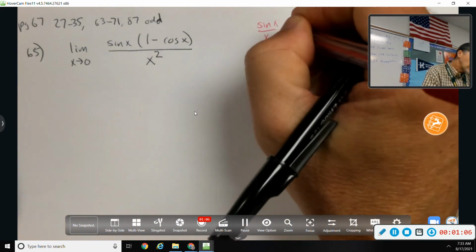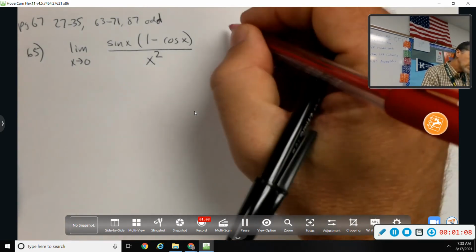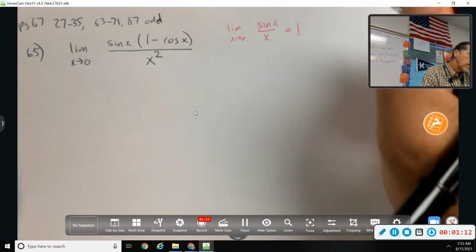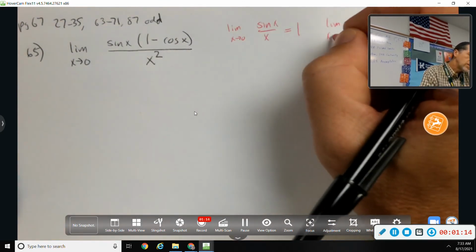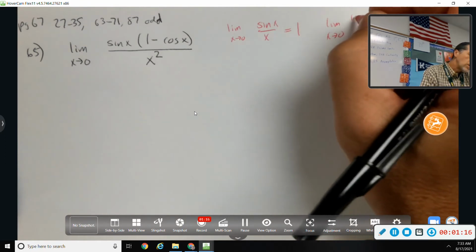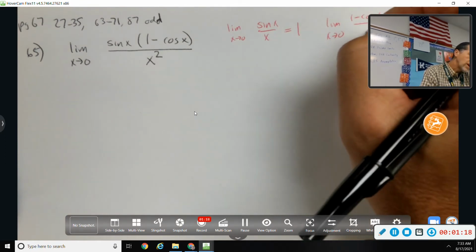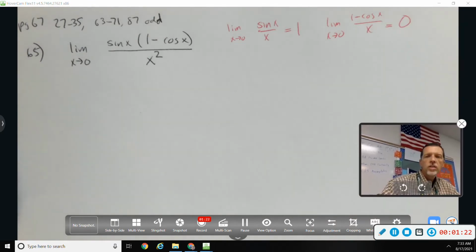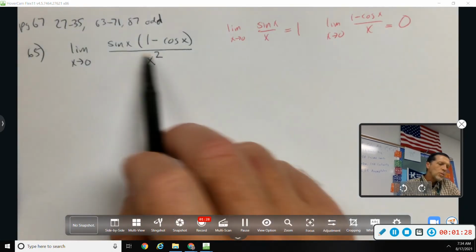The limit of sine of x over x equals 1, and the limit of 1 minus cosine x over x equals 0. Those are the two things I'm working with, and that's almost what we have right here.